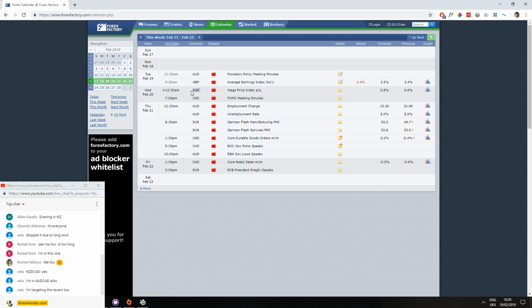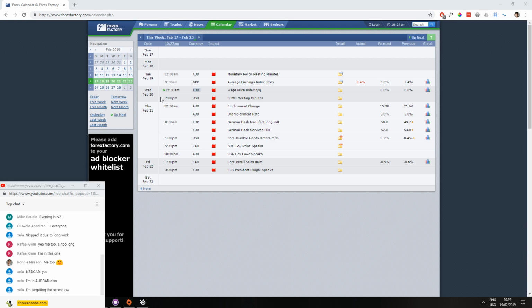Right, so today is Tuesday, not Wednesday, which means there are no further reports coming out today. But at 12:30 a.m., we are getting the Aussie wage price index, which is not in 2 hours, but in fact in about 14 hours. Again, don't worry too much about that.